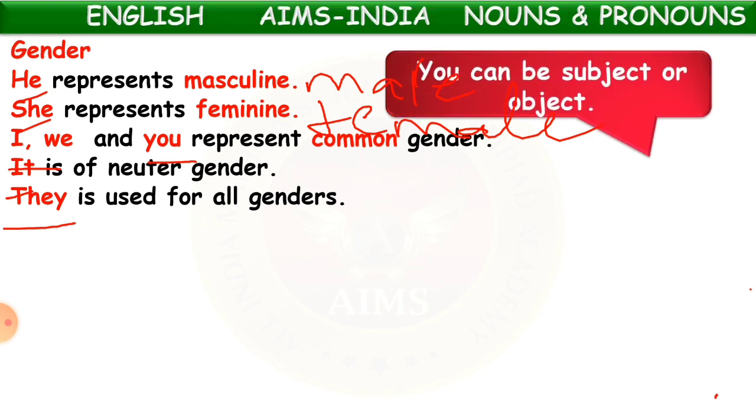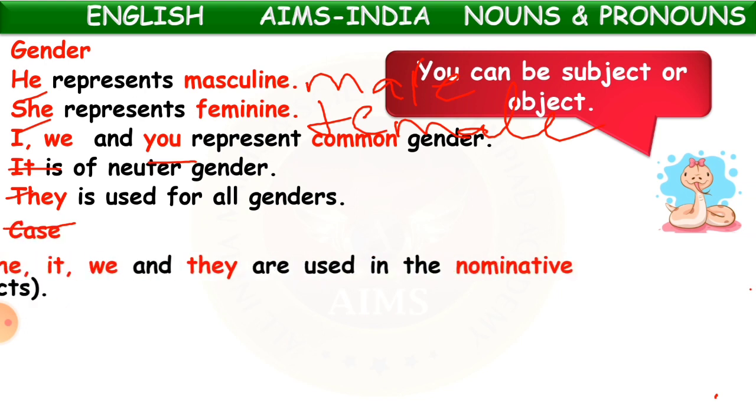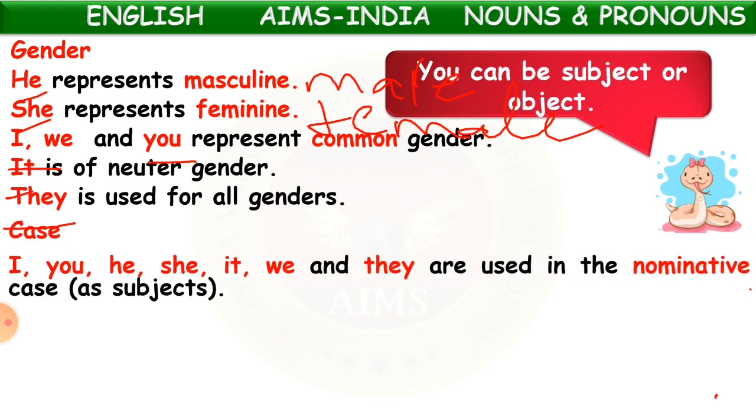Okay, children? So here you can be subject or object. When we use you in a sentence, it may be a subject or an object. Clear? So now about the case.